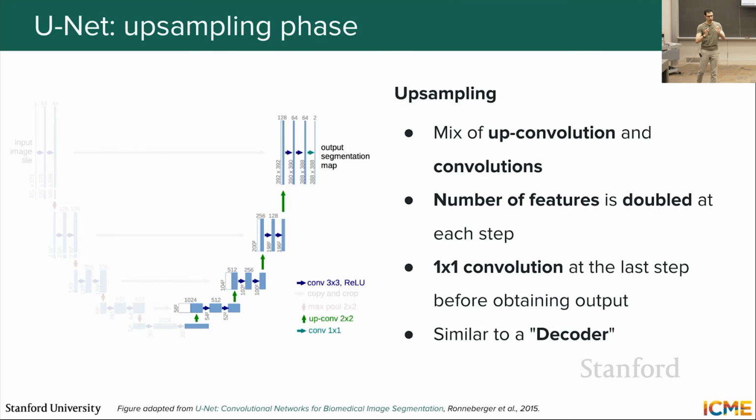Then you have the second step, which is the upsampling part. You have a feature map at the very beginning of the upsampling step, which is very small, and what you want is to upsample that feature map back to the dimension of the input. Here you're using a mix of transpose convolution, also called upconvolution, and convolutions.